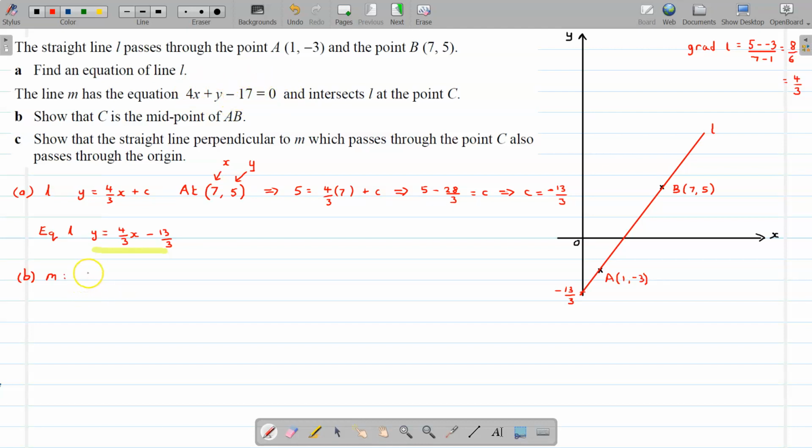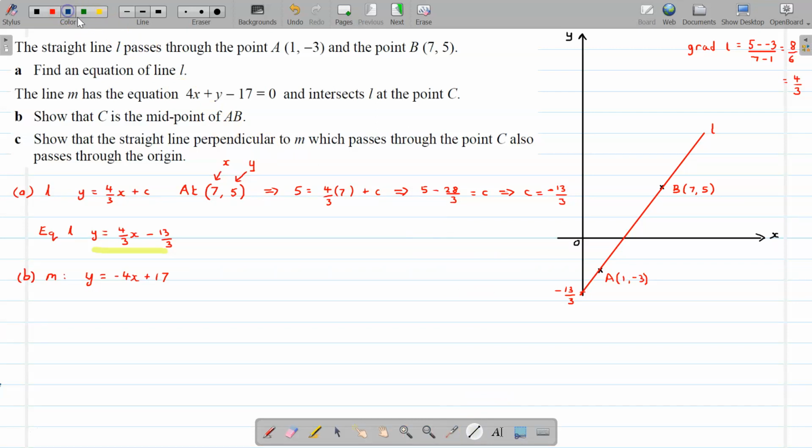So I could write it as y equals minus 4x plus 17. And that tells me that the line M has a gradient of -4 and it cuts the y-axis at 17. So it looks something like this.